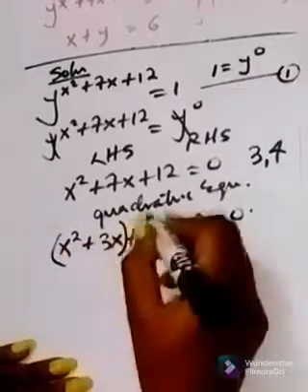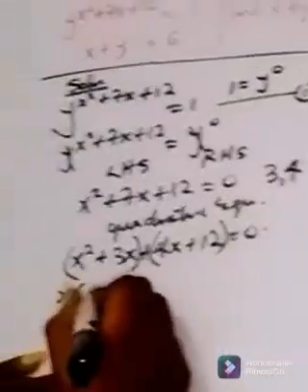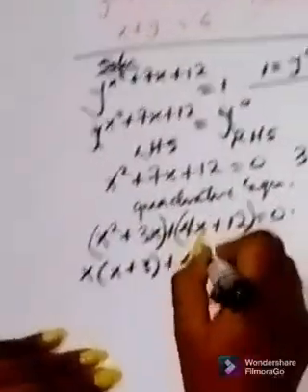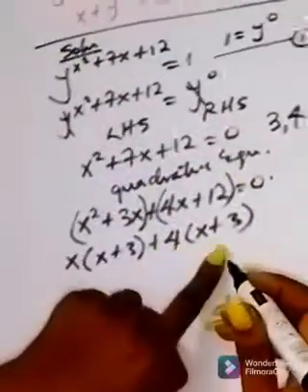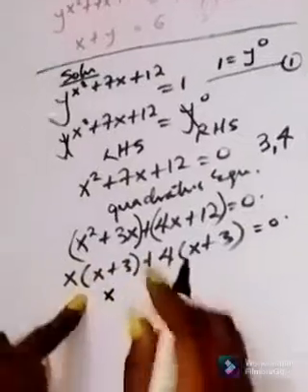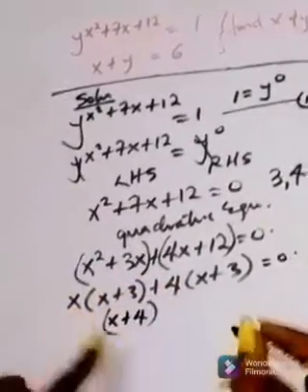So bracket it, factorize it. x becomes x plus 3, plus 4 times x plus 3. Remember, when you divide 4x by 4, you have x. When you divide 12 by 4, you have 3, equal to 0. So we take x plus 4, we form a bracket.